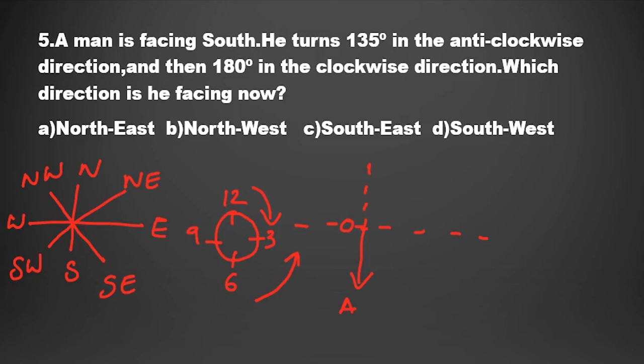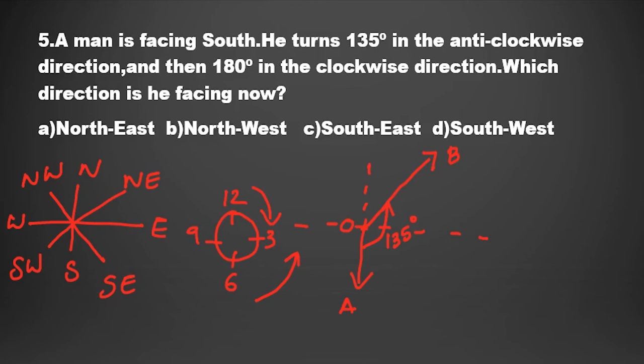This is 90 degree, and he is at this direction, 135 degree. Let the point be OB.